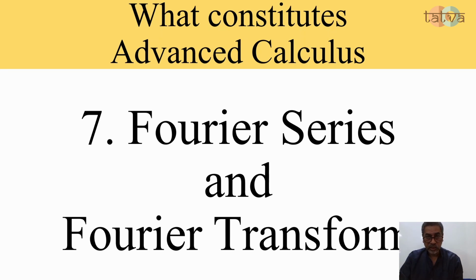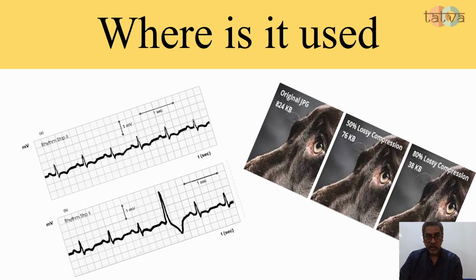And where do we see this part of maths? So on the left hand side, you can see the ECG of a patient. So that's a periodic function, and therefore we need a Fourier series for that. And then you can see on the right hand side, it's an example of an image compression problem where the original JPEG image is about 824 kilobytes, and then using some lossy compression technique, using Fourier transform, let us say, is reduced to just 74 KB with not much information lost.